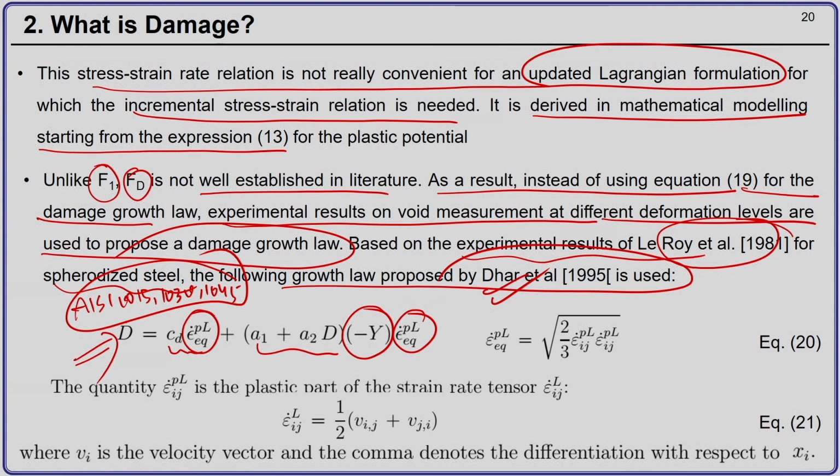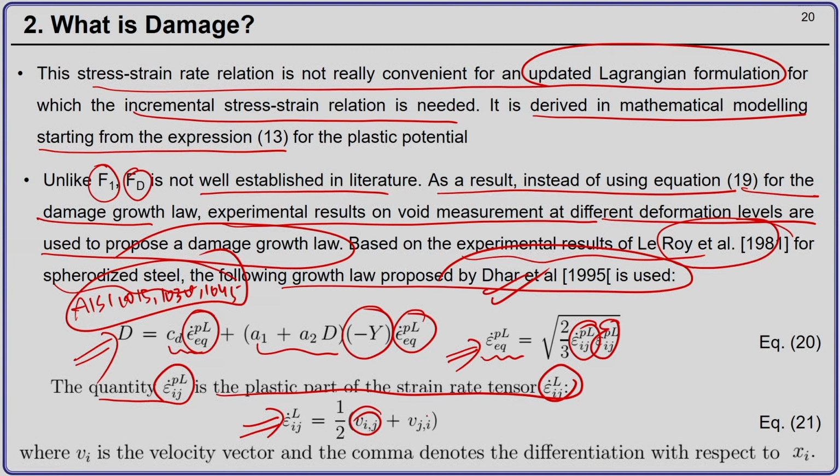Here, this equivalent plastic strain rate is nothing but root over 2 by 3 epsilon dot PL ij epsilon dot PL ij. So, this quantity epsilon dot PL ij is the plastic part of the strain rate tensor, where this is given by 1 by 2 the gradient of the symmetric part of the velocity gradient tensor.